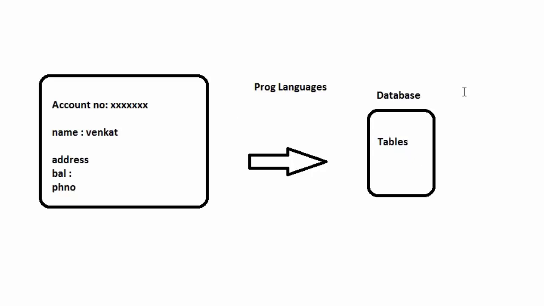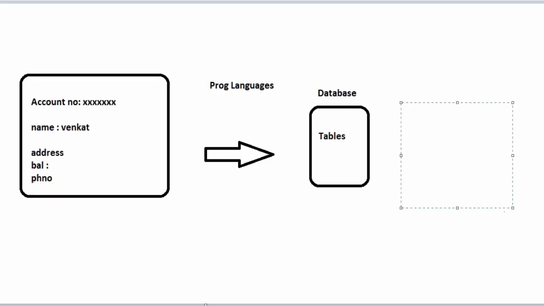We have multiple databases in the market, like Oracle, which is from Oracle Corporation, SQL Server, which is from Microsoft, DB2, which is from IBM, Teradata, which is from Teradata Corporation, and Sybase, which is acquired by SAP. These are all the popular databases in the current market.